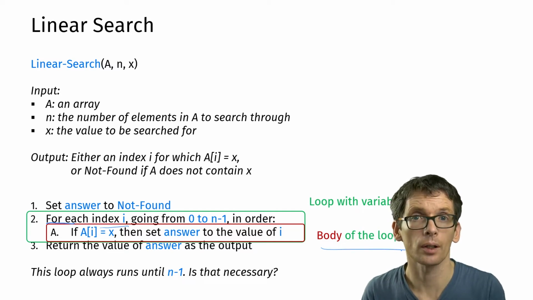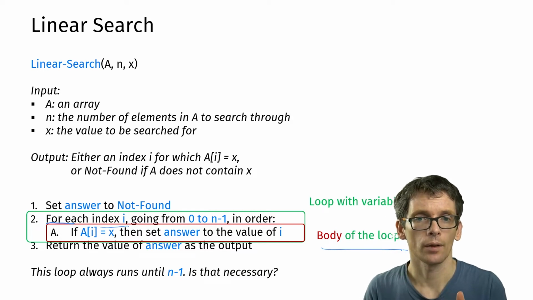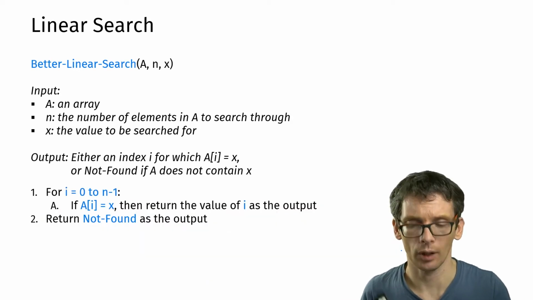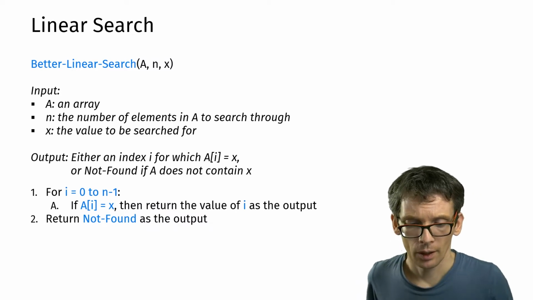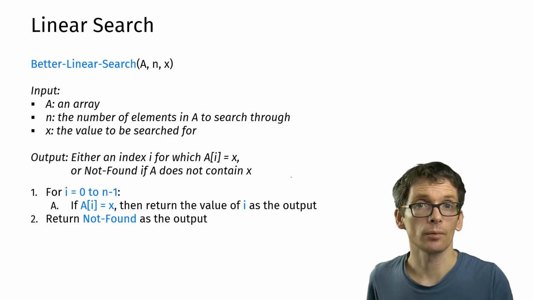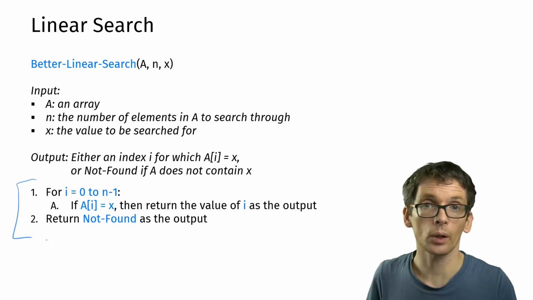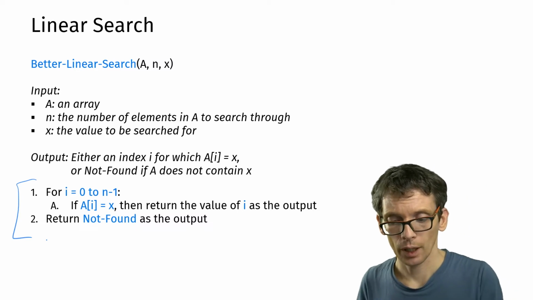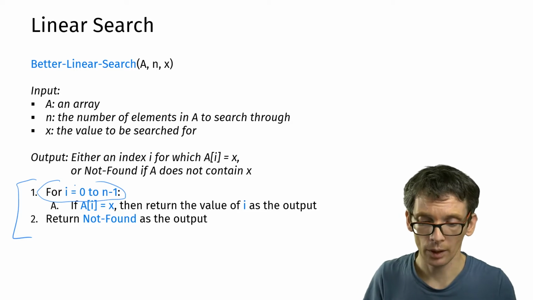why not stop as soon as we found the value? And indeed, we could do that. So let's call that better linear search, because it might be faster. Input and output are the same, but we have a different algorithm. Again, I have a loop that runs from 0 to n-1.